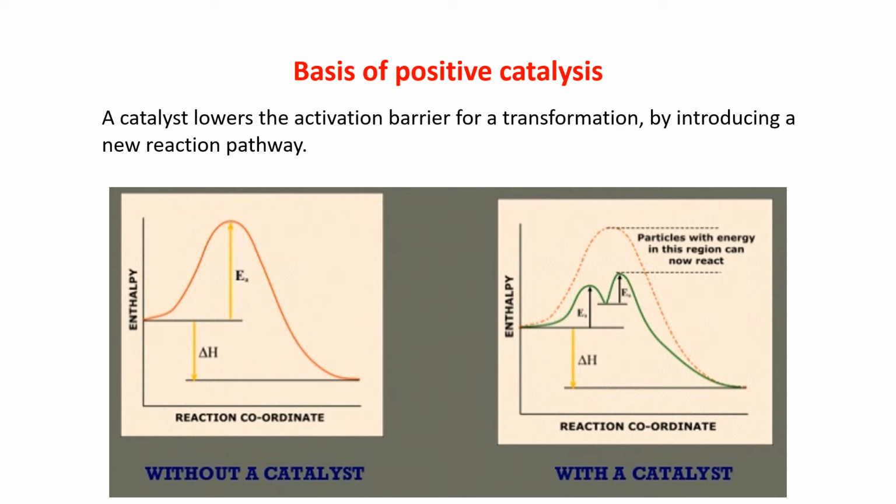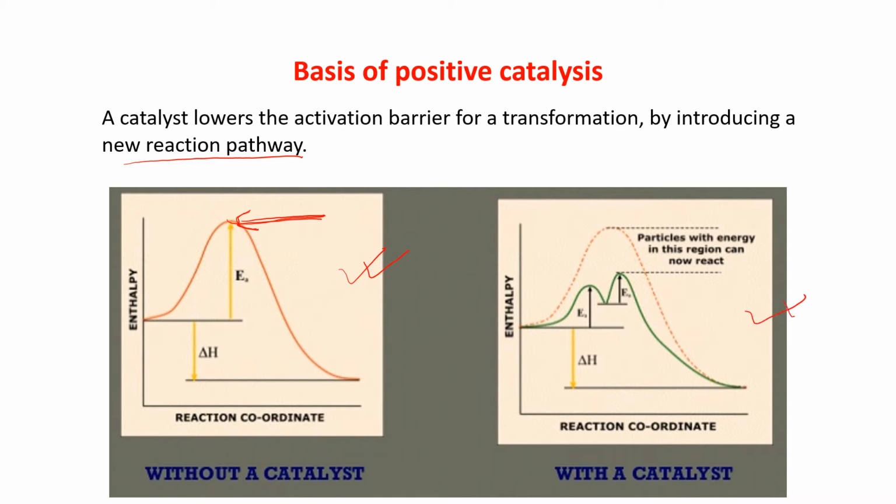By introducing a new reaction pathway. That means this first graph is showing this is the activation barrier. The reactant has to cross this activation barrier. They have to be activated up to this much, and then only they will give you a new product.